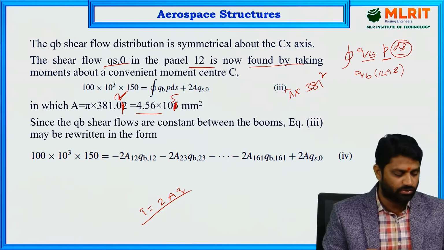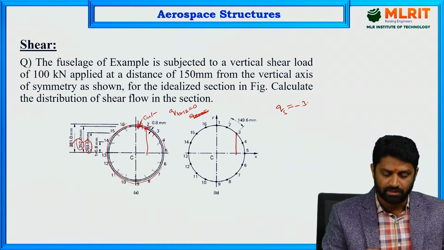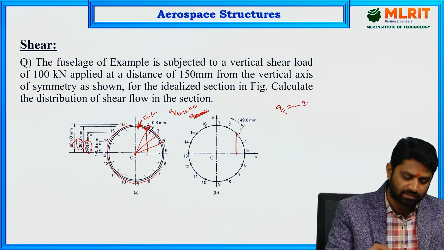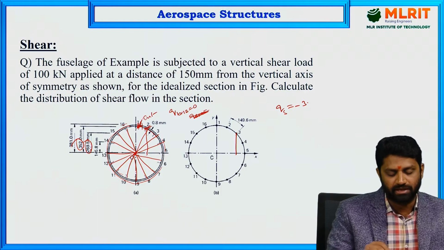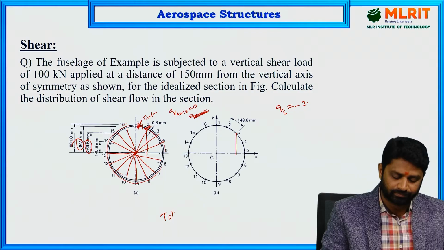So 2AQ. What we are going to do here is split into these panels: 1 2 3 4 5 6 and so on. All this we are going to make into 16 areas, because we have the total area and there are 16 panels.